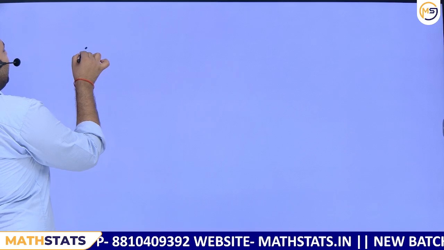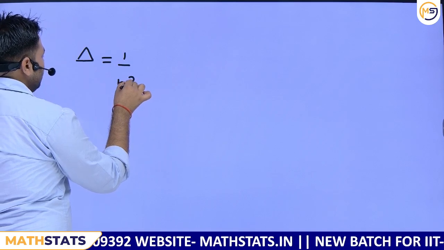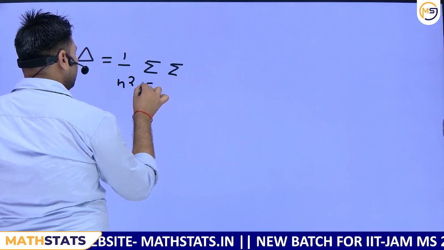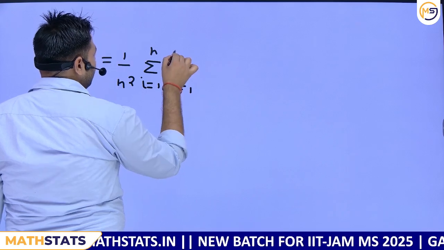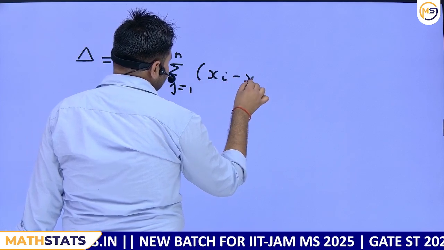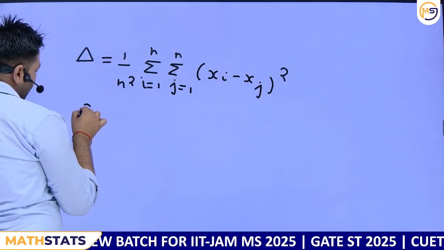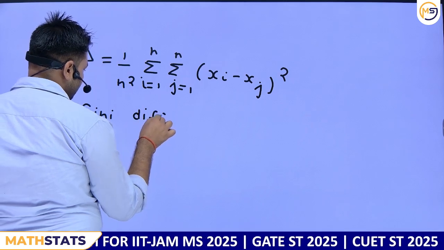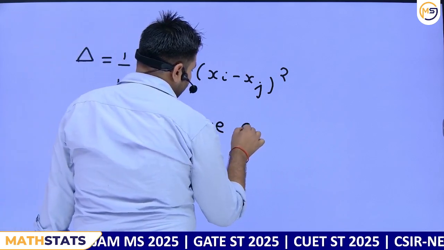Suppose we define a measure delta equal to 1 upon n square, summation i equal to 1 to n and j equal to 1 to n, (xi minus xj) whole square. Then this is called Gini difference measure.